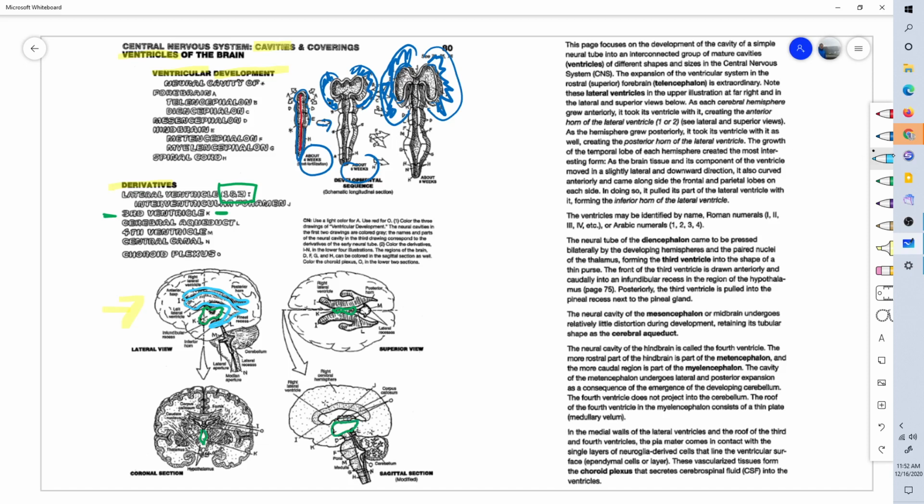While we're at it, here are the lateral ventricles right here from different views of the brain. They look like wings inside the brain. Empty spaces, actually spaces filled with fluid inside the brain.